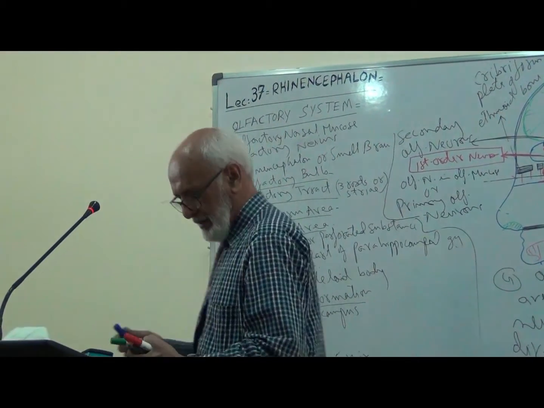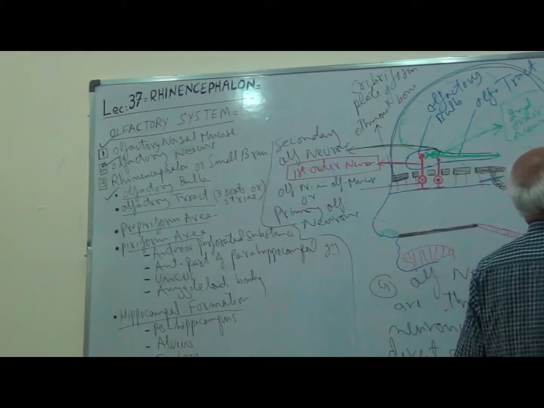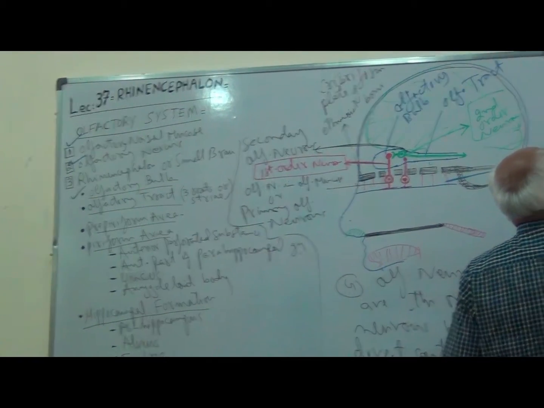The olfactory bulb lies on the basal surface, the orbital part of the basal surface of the cerebral hemisphere.